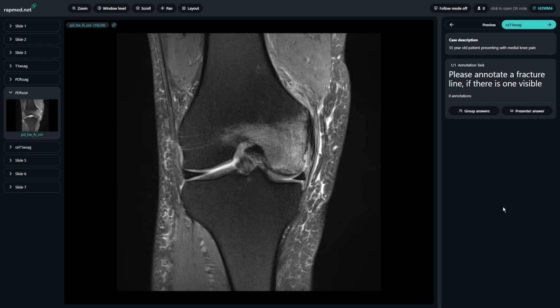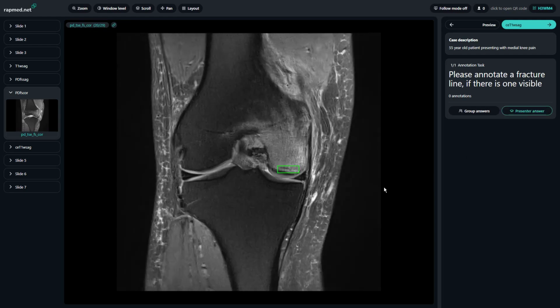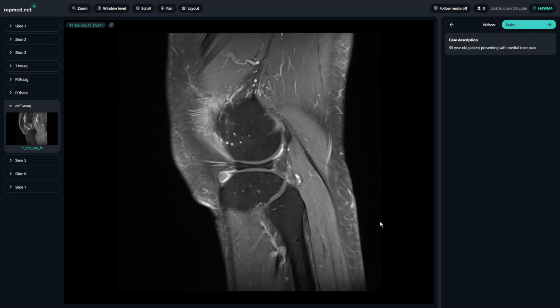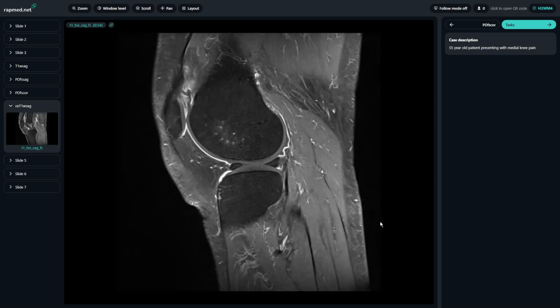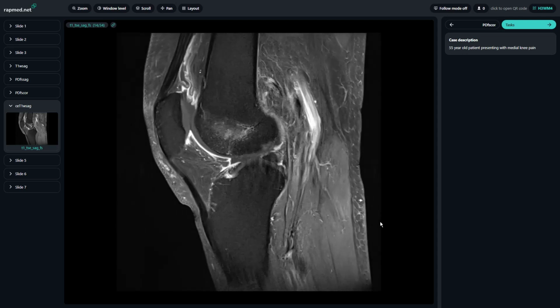So my task here is, please annotate if you see a fracture line. Here you see a tiny fracture line that is parallel to the subchondral bone plate. Have a look at the sagittal T1 weighted fat suppressed sequence after contrast agent administration.